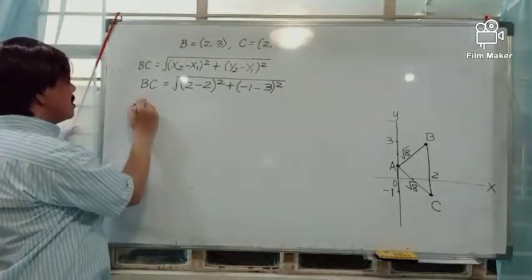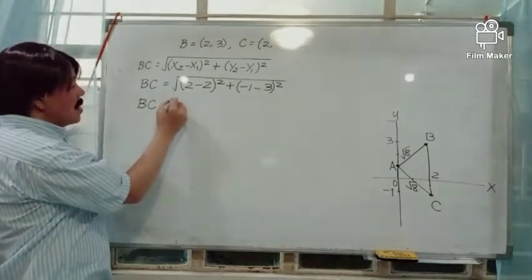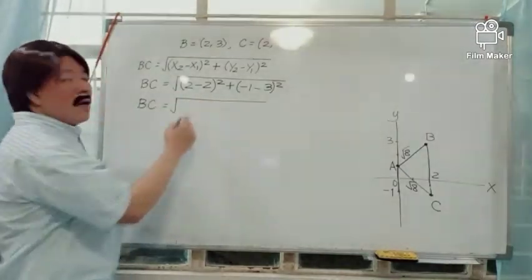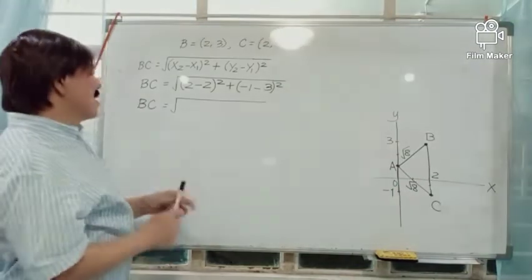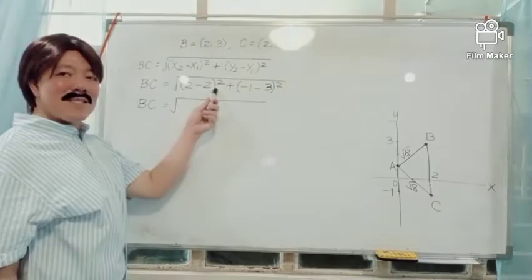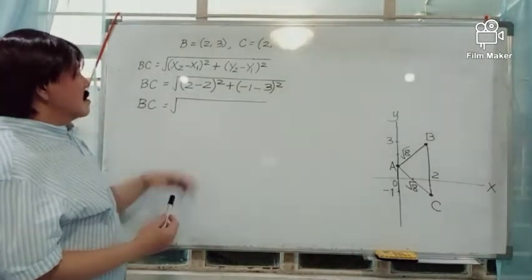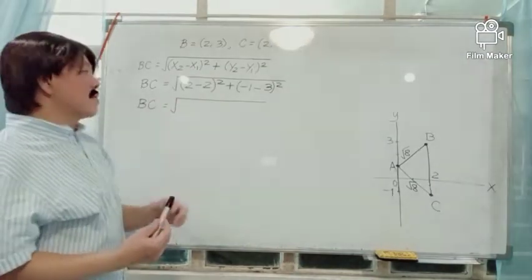We have BC, the distance between B and C, equal to the principal root of 2 minus 2 is 0 and 0 raised to 2 is 0. So the first term will go because it's 0.